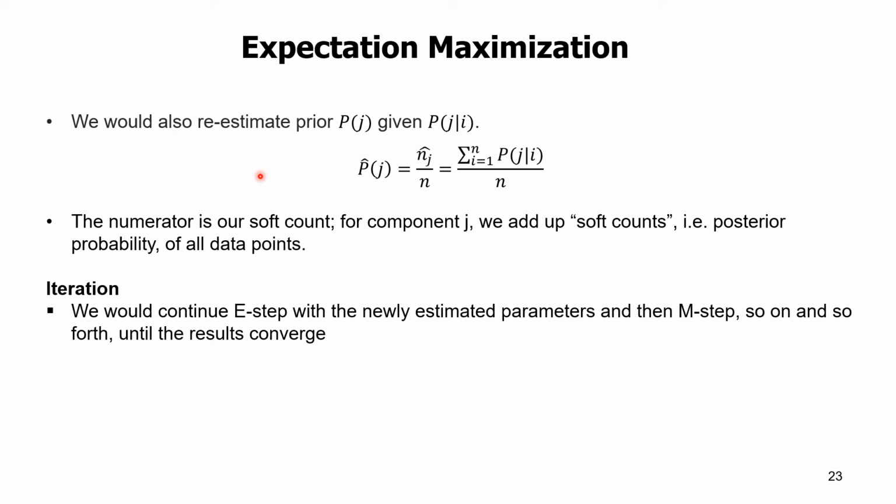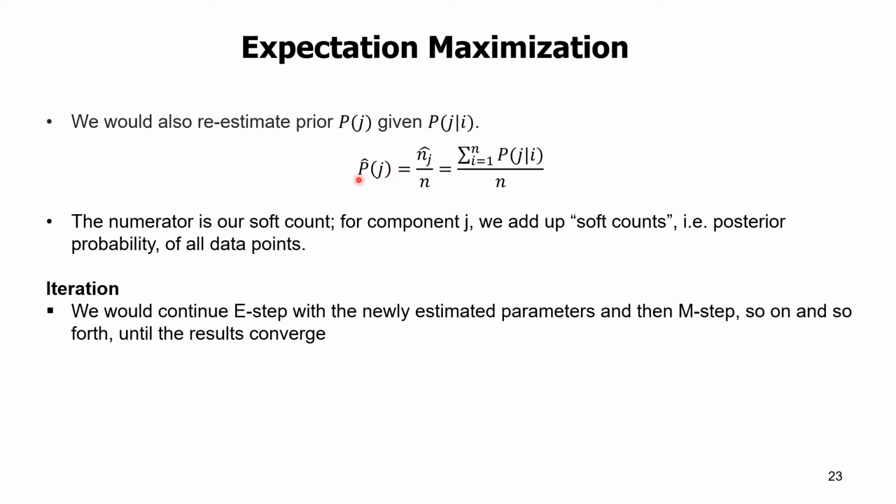Then you don't have to worry about this and you skip this part, because these values are already determined. If not, then you have to re-estimate these prior probabilities as well. This is the way we re-estimate the mixture weight values. The prior probability of Gaussian j is the summation of the posterior probability of Gaussian j divided by the number of data points.